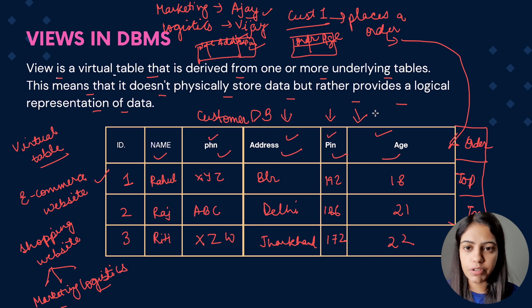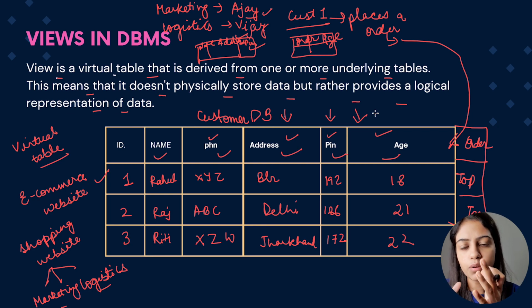So views, or virtual tables, show us all the required details according to the user requirements. This is a very small concept in DBMS, but people tend to get confused about views. So again, reiterating, views or virtual tables are the logical representation of data where we see data according to the user requirements.